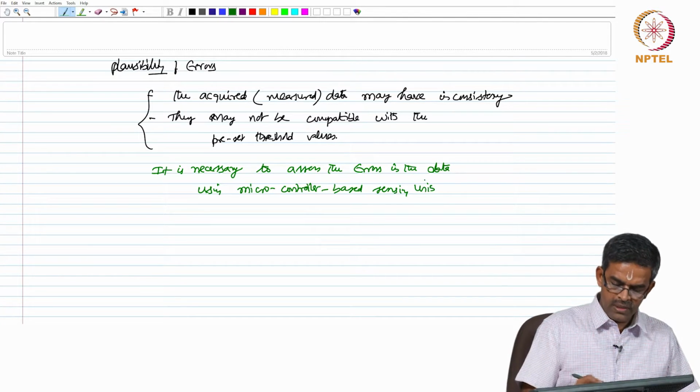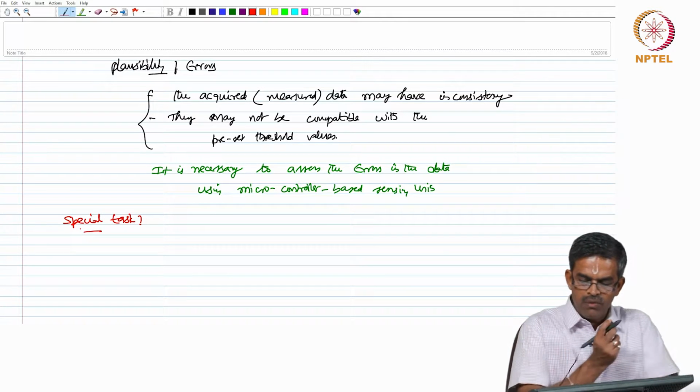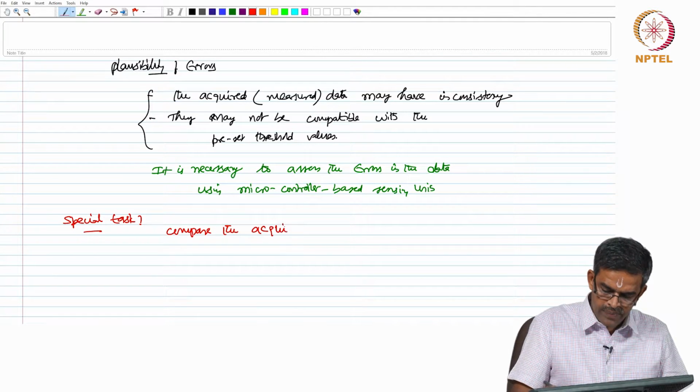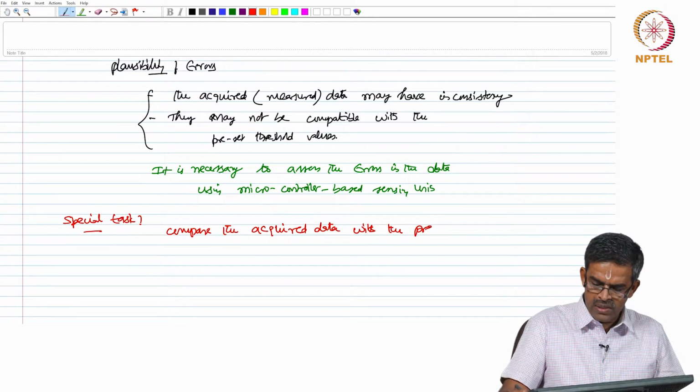Now, interestingly, what special task will these units perform? These units will compare the acquired data with the previous set of data.